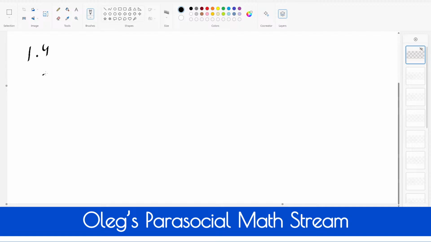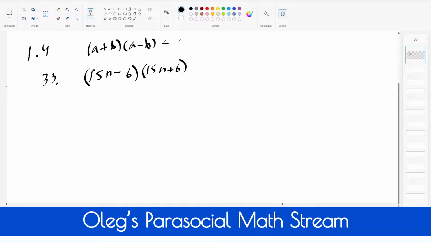33. 15n minus 6. And then we have 15n plus 6. So this is of the form a plus b, a minus b, which is equal to a squared minus b squared. Okay, we're going to say let a be equal to 15n and b be equal to 6. The negative does not have to carry over in this form, but it will be in the result.